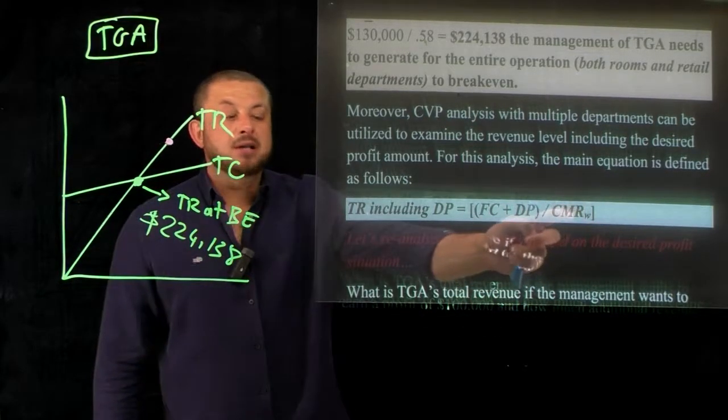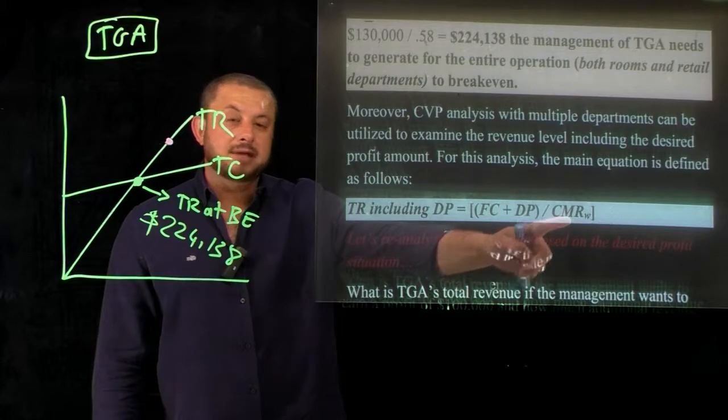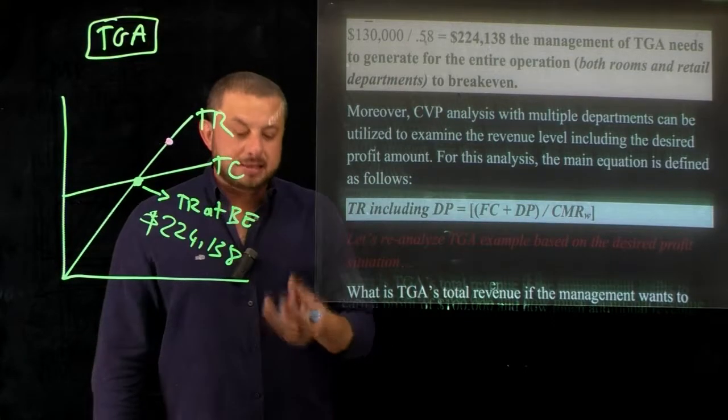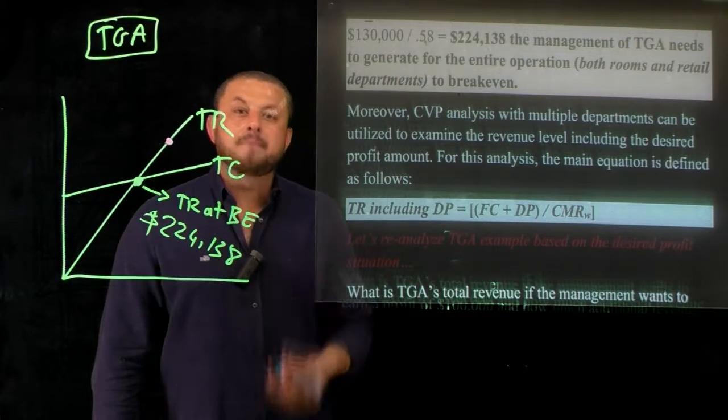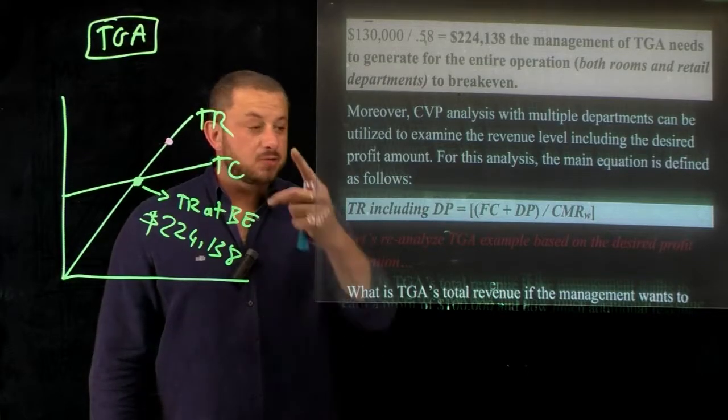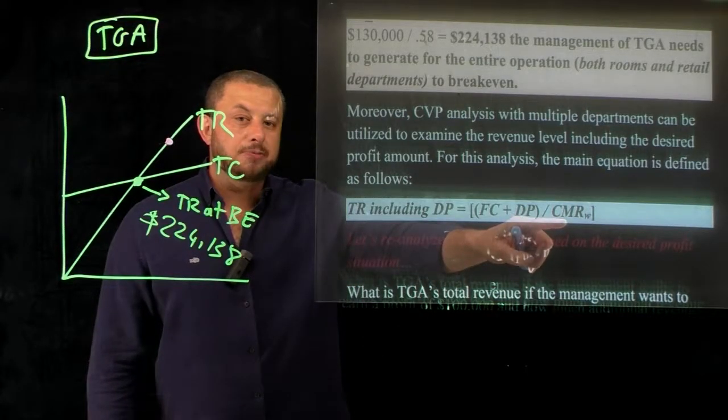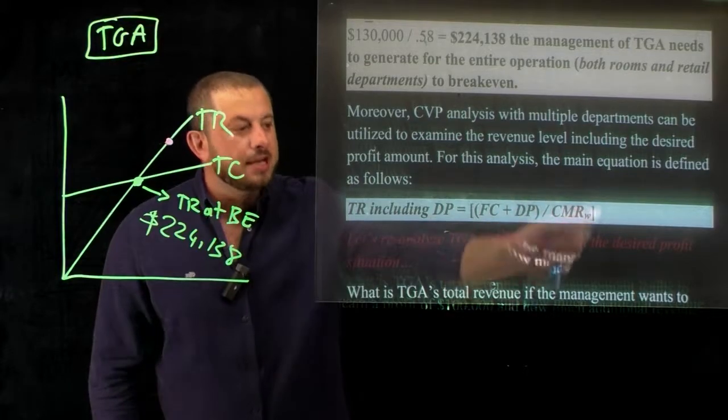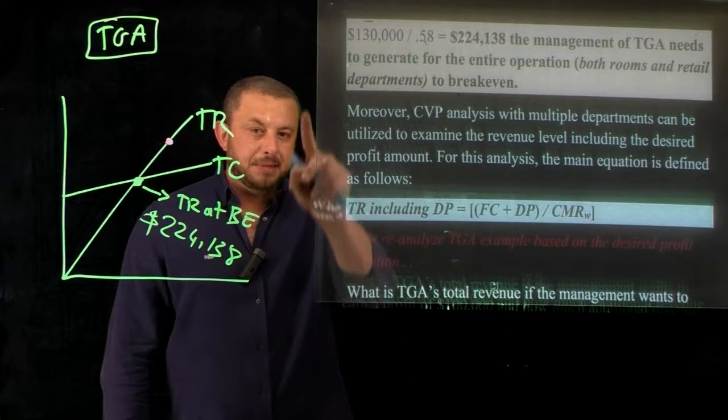We have to utilize CMRW because it is a percentage that shows the combined importance of those two departments. That's why when we are dealing with two departments or two products, we always have to utilize CMRW, guys. Keep that in mind.